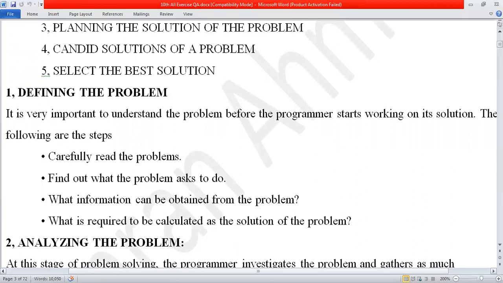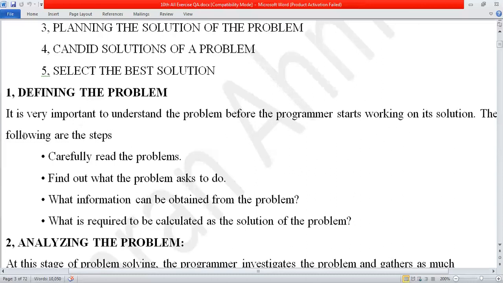It means you have decided that you can solve that question. Why do you take that question? Because you already understand that problem. If you don't know the answer of a question, you don't select it in the examination. Yes, all the boys do the same. So it is very important to understand the problem before the programmer starts working on its solution.